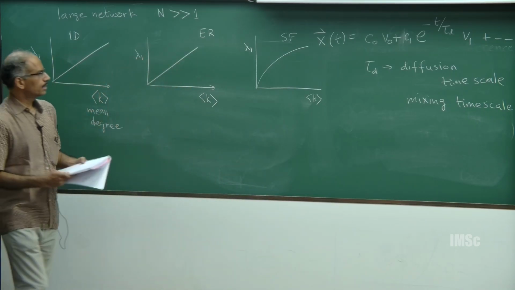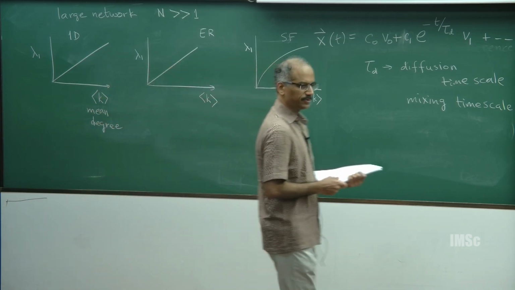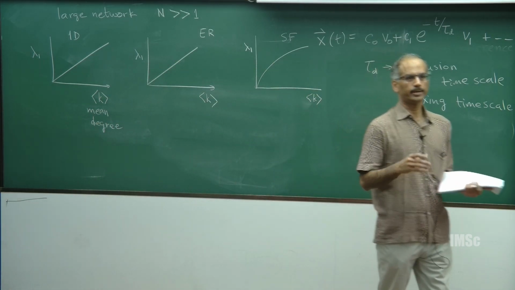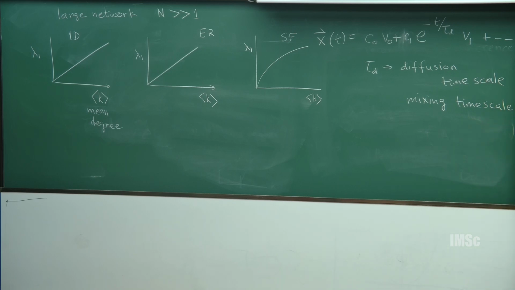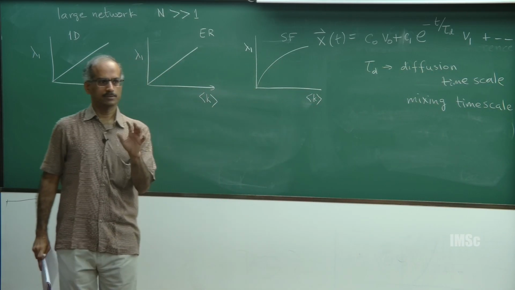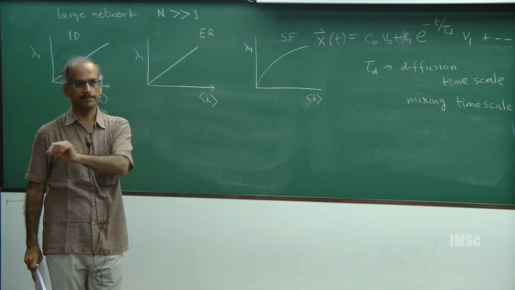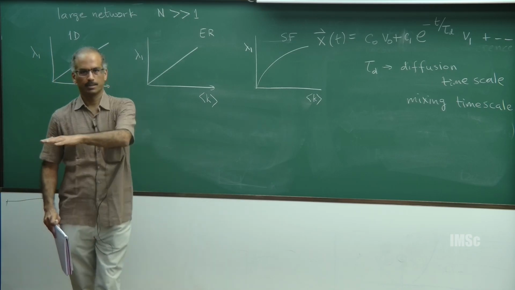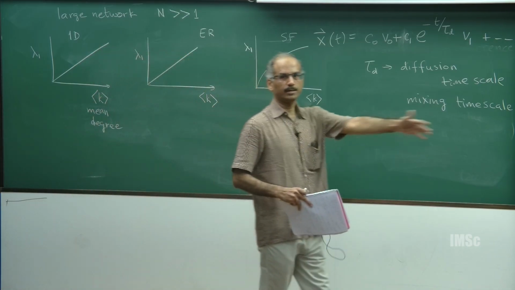Now, what I have done till now is tell you why the largest eigenvalue is important, or the smallest eigenvalue of the Laplacian matrix. It appears in these kinds of dynamics problems on networks, and it helps you study structural properties of the network, whether it is connected or not. Till now we have simply looked at the extremal eigenvalue, the top or the smallest one, but what about the bulk of the eigenvalues?